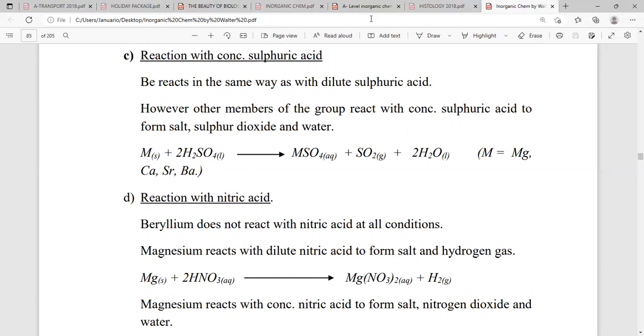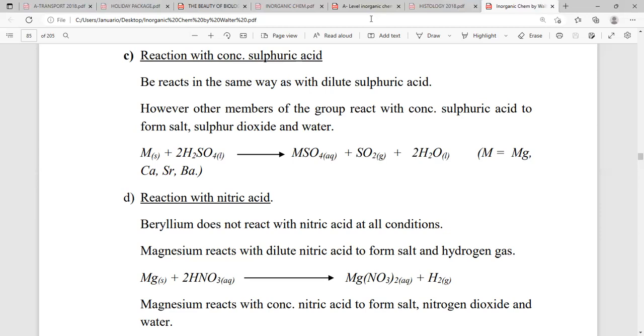With dilute acid, they were producing hydrogen gas and a sparingly soluble salt for strontium, calcium, and barium, while the other ones were producing a salt and hydrogen. But here we have a salt, sulfur dioxide gas, and water for all the other elements except beryllium.